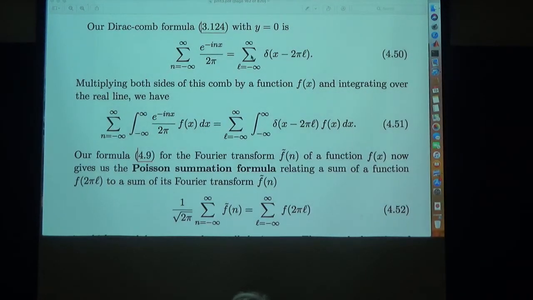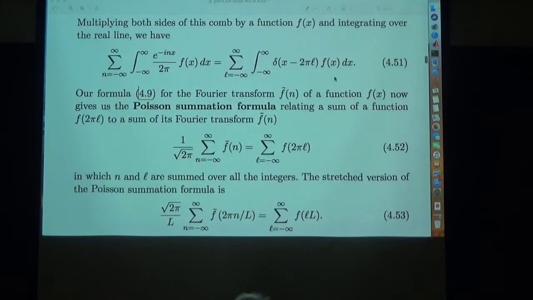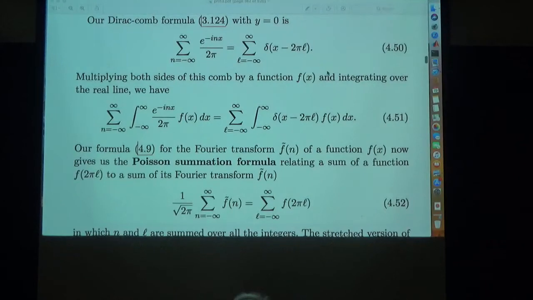So here's the Dirac comb from the point of view of Fourier series. If we multiply both sides by an arbitrary function, and by arbitrary I mean suitably well behaved, we get this expression here. And the delta function in the Dirac comb will just turn this thing into a sum.